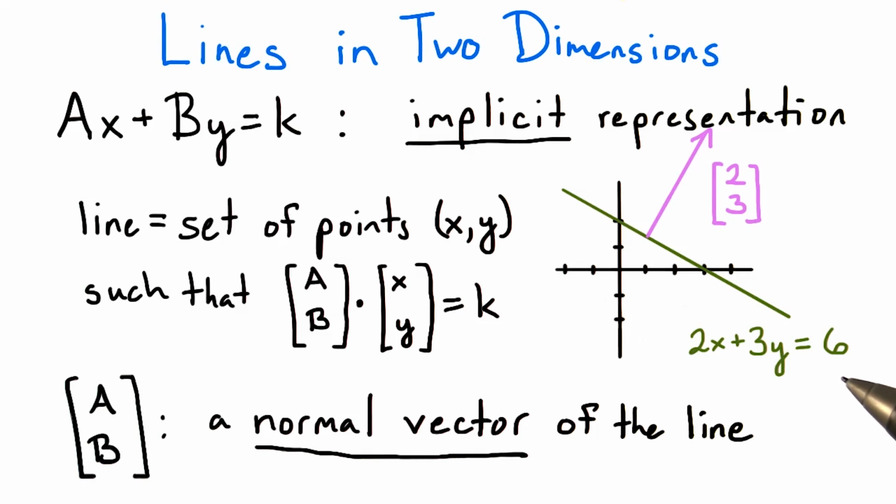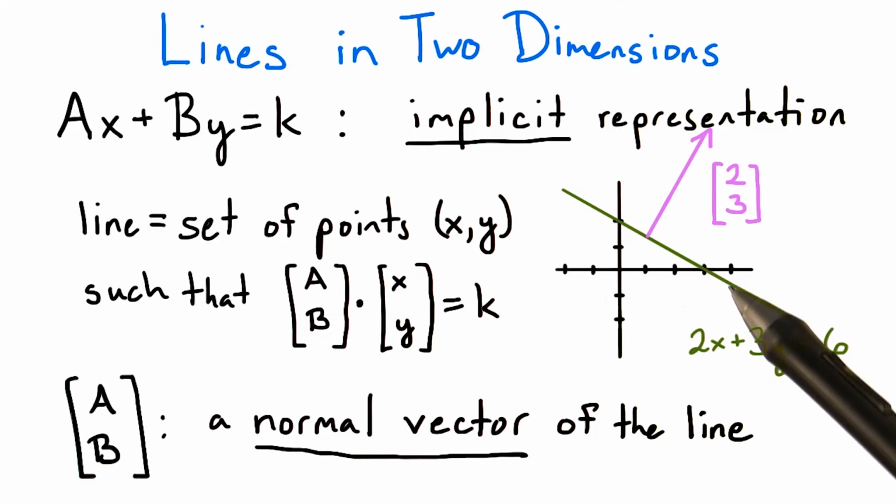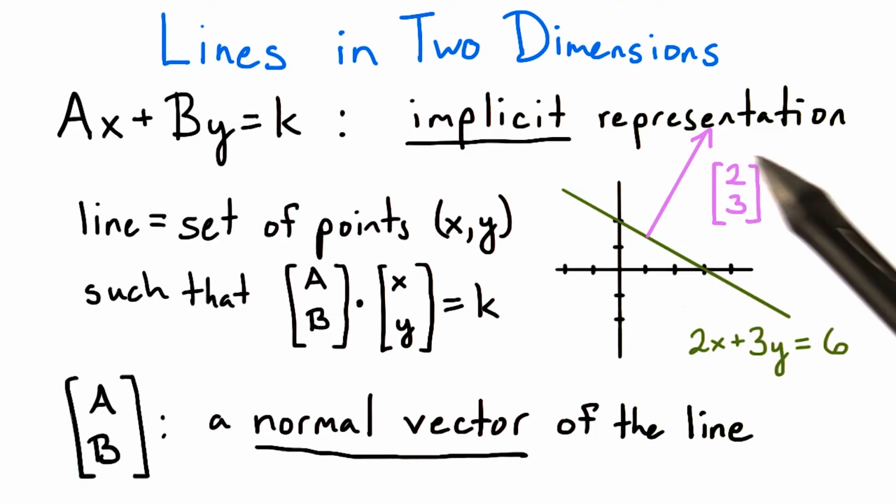In this case, a normal vector for the line 2x plus 3y equals 6 will be 2, 3, since any vector that is parallel to this line will be orthogonal to the vector 2, 3. We will explore this concept further when we look at planes in 3 dimensions, as well as when we start using linear algebra to solve systems of equations.